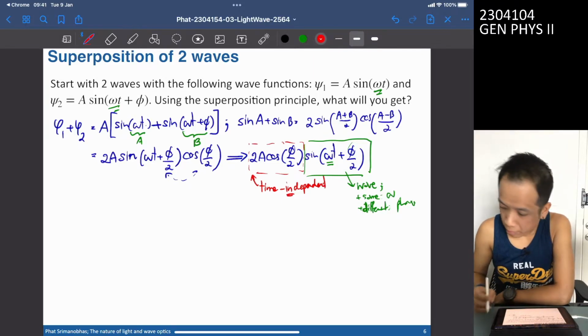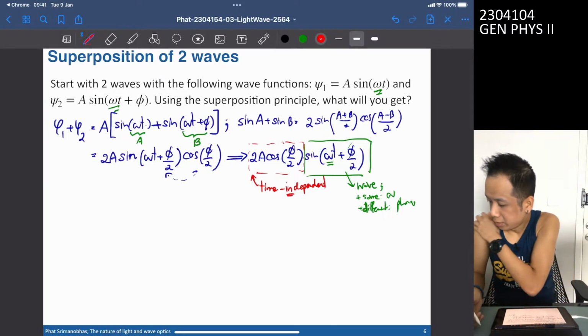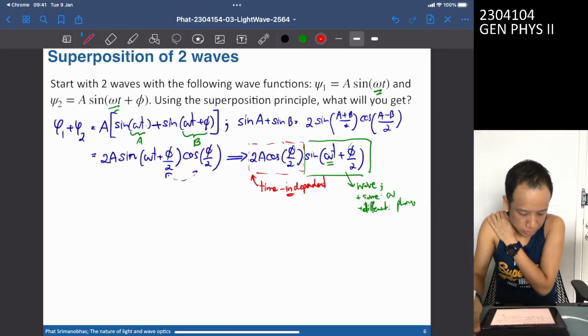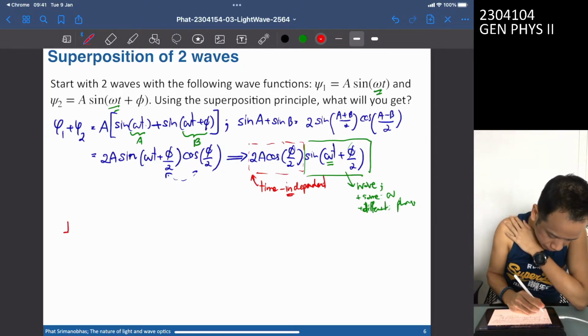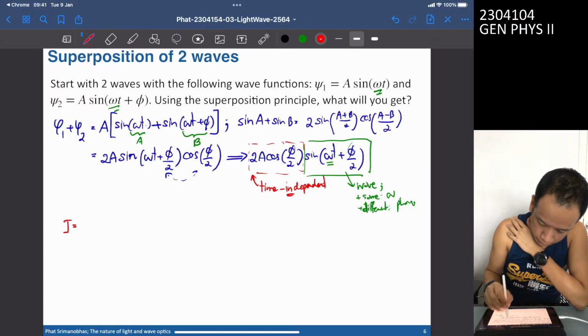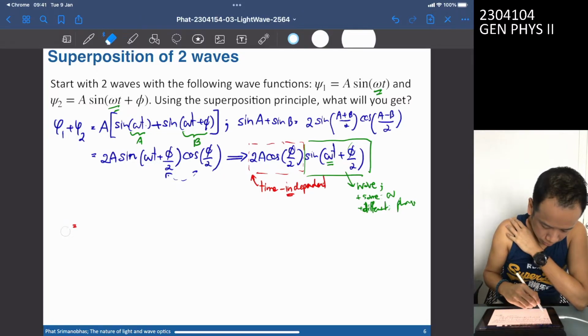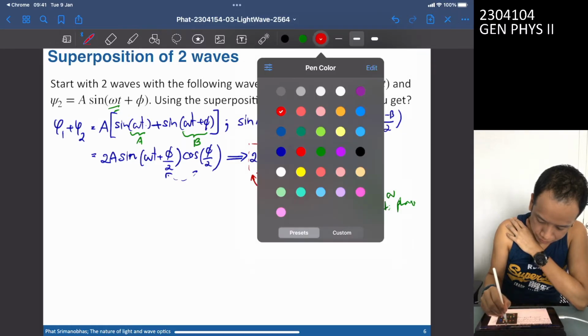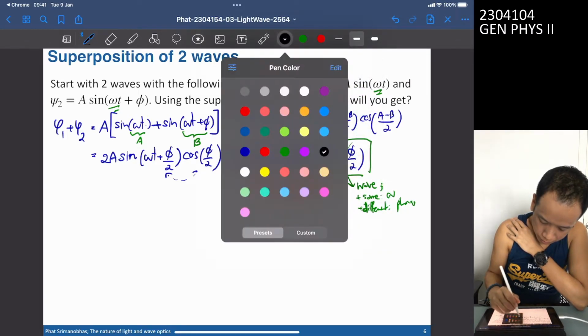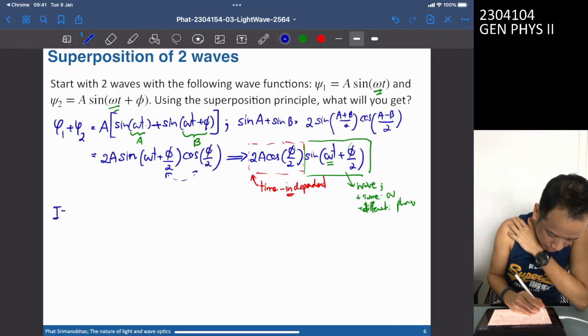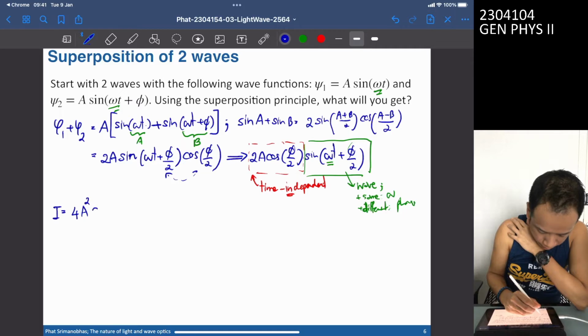So now you have this one. Then if you would like to get the intensity, maybe use the blue one. So intensity is basically 4a squared cosine squared of phi over 2 times sine squared of omega t plus phi over 2.